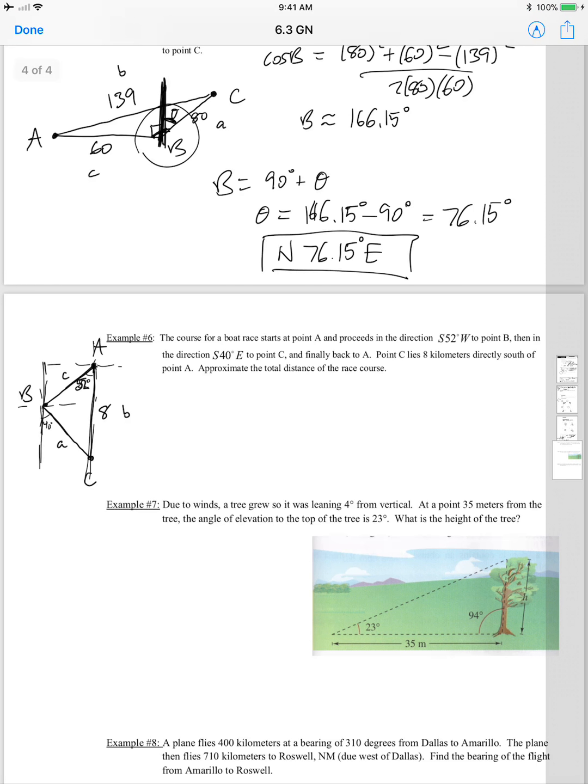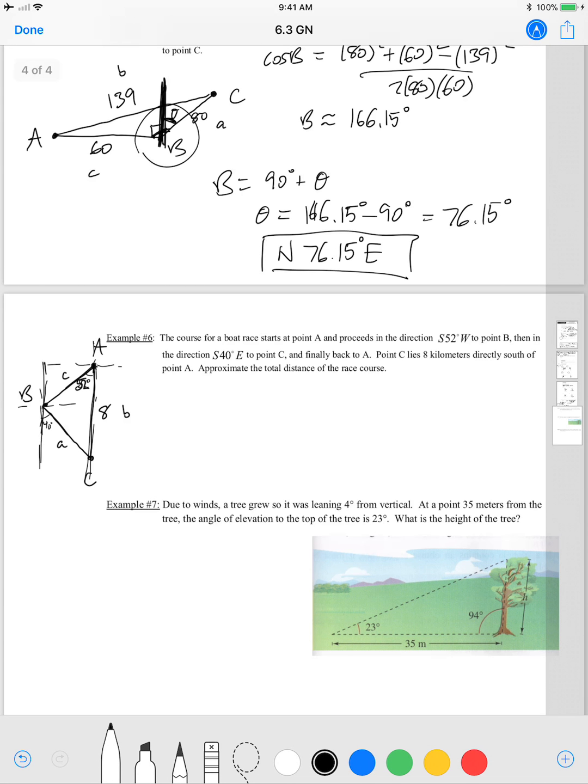I'm going to use a different color here, make it a little more clear. I have 2 parallel lines right here, and then this angle intersecting them. So this angle, 40 degrees, is going to be the same as this interior angle. So angle C is 40 degrees.